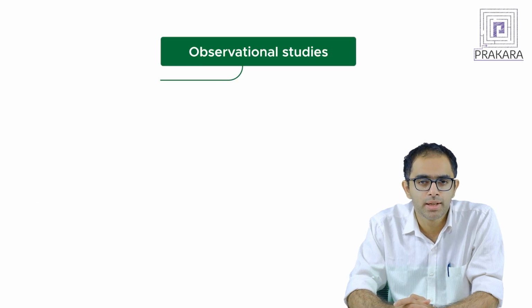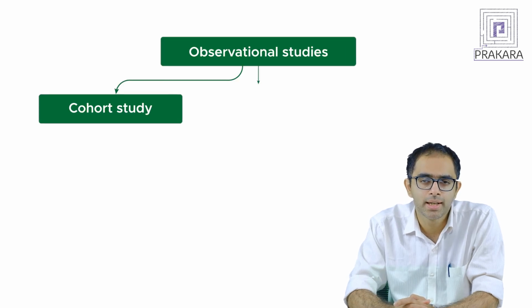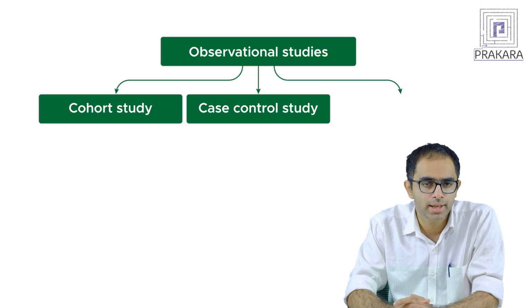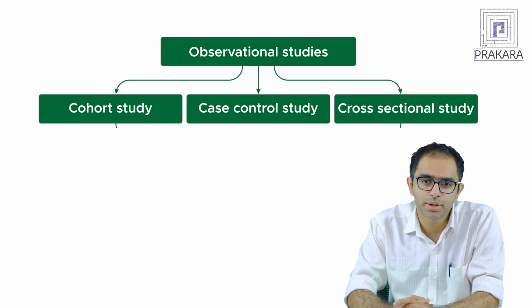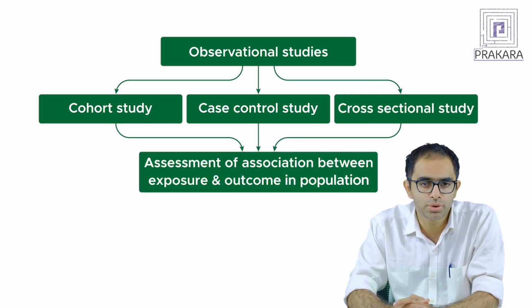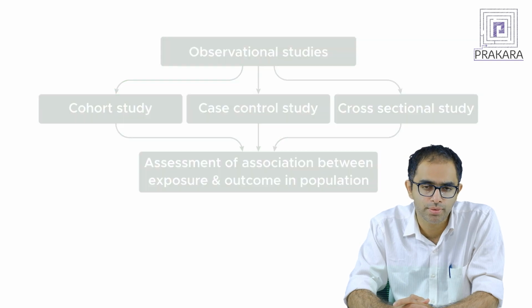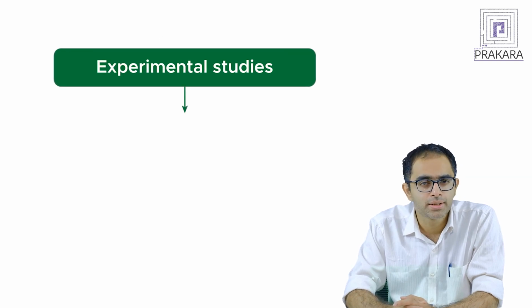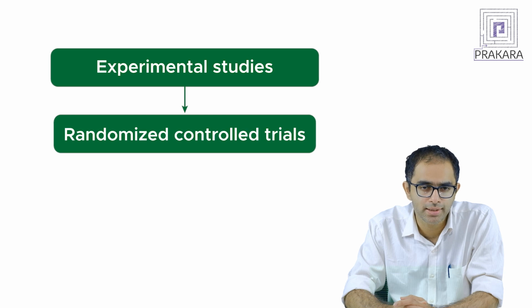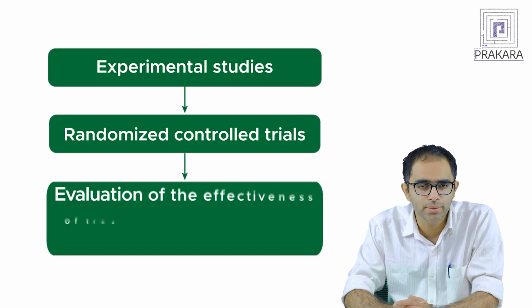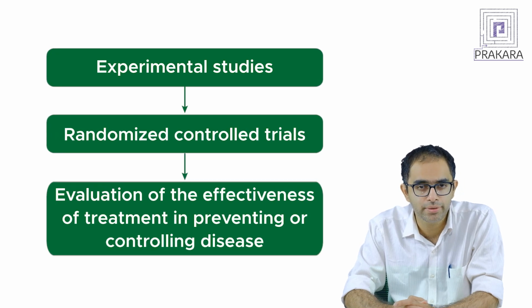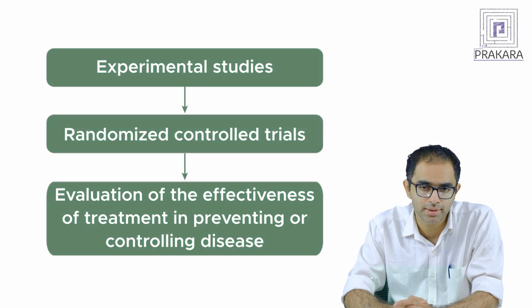Observational studies, including cohort studies, case control studies, and cross sectional studies, are used to assess associations between exposure and outcomes in populations. Experimental studies, such as randomized controlled trials, are used to evaluate the effectiveness of an intervention or a treatment in preventing or controlling diseases.